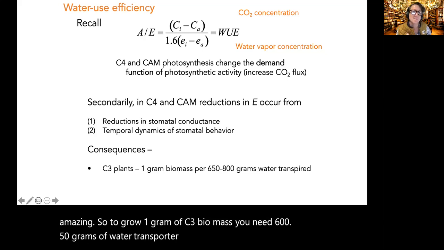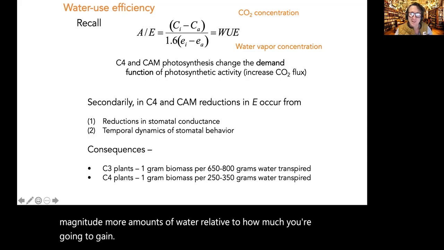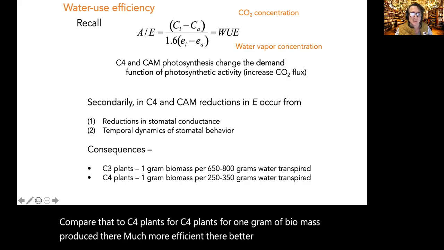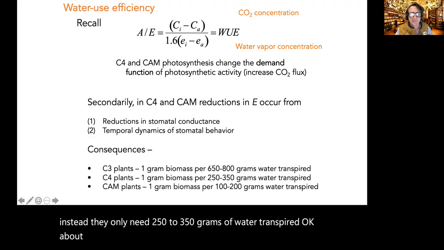That's 2 orders of magnitude more water relative to how much you're going to gain. Compare that to C4 plants. For C4 plants, for 1 gram of biomass produced, they're much more efficient. They're better users of water. So instead, they only need 250 to 350 grams of water transpired. Okay, about half is less.